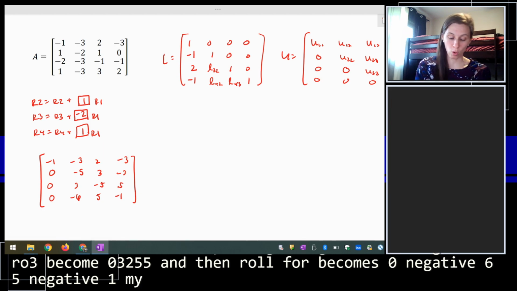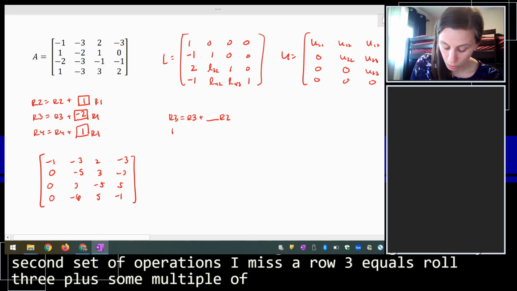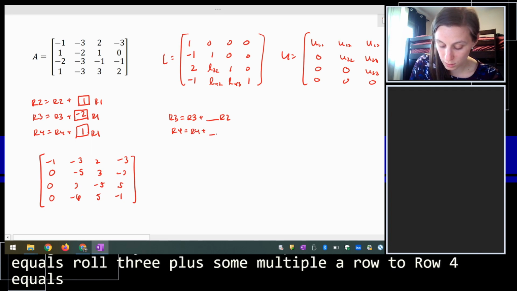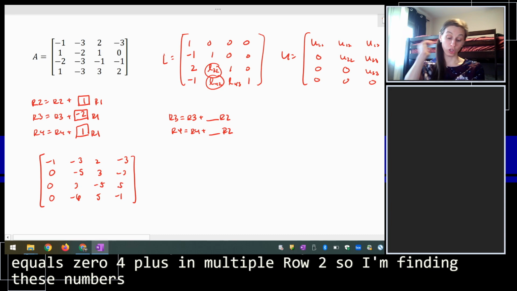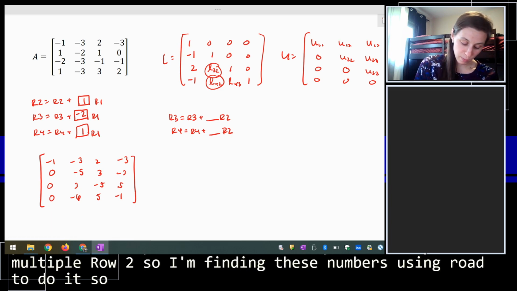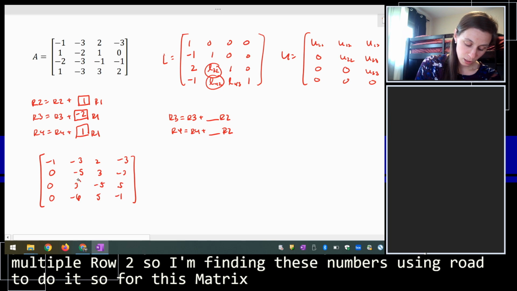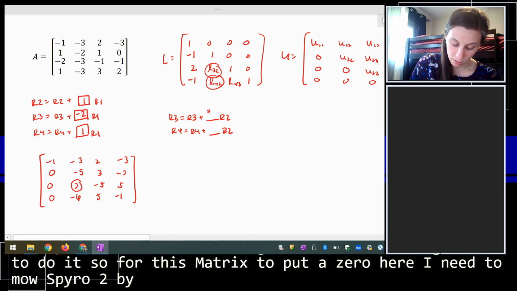My second set of row operations, I'm going to say row 3 equals row 3 plus some multiple of row 2, and row 4 equals row 4 plus some multiple of row 2. So I'm finding these numbers using row 2 to do it. So for this matrix, to put a 0 here, I need to multiply row 2 by 3/5.